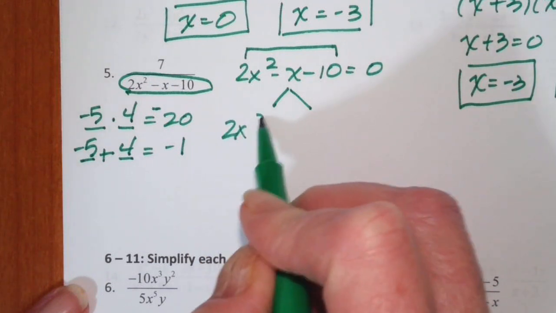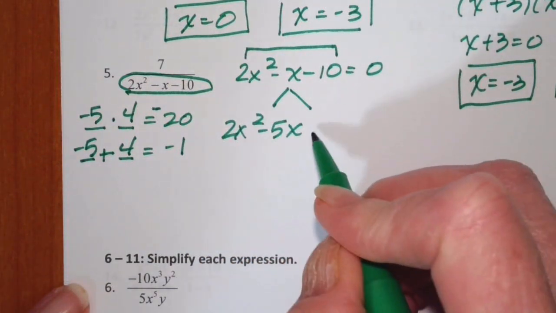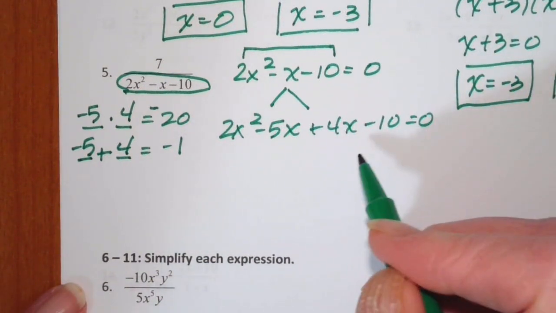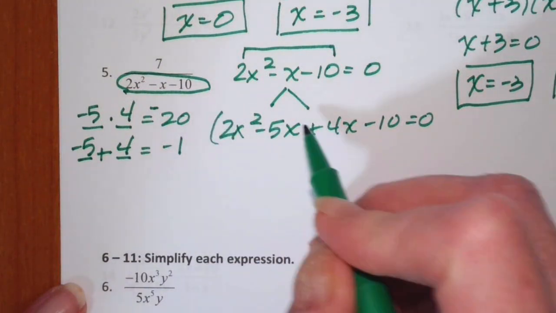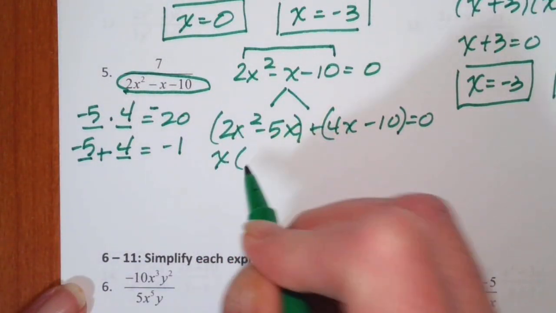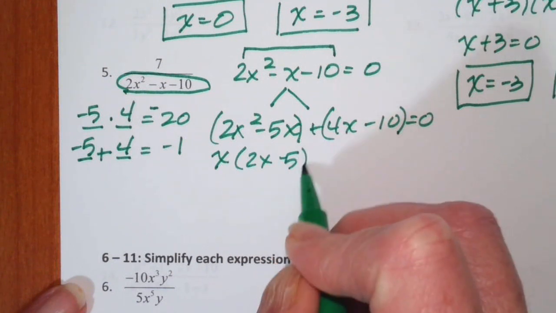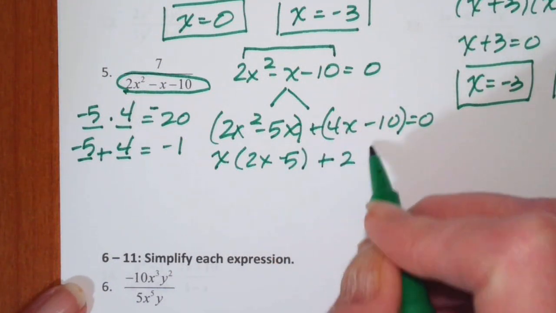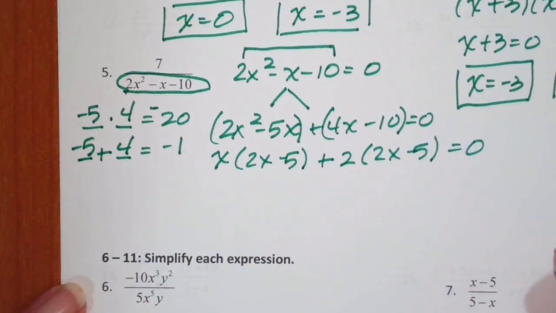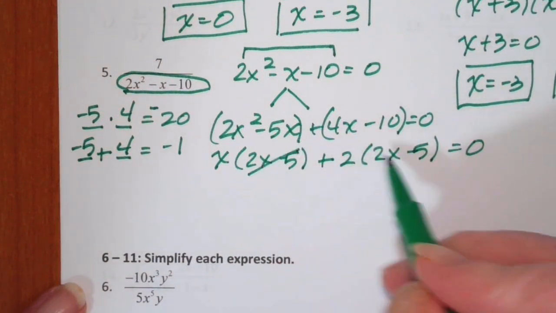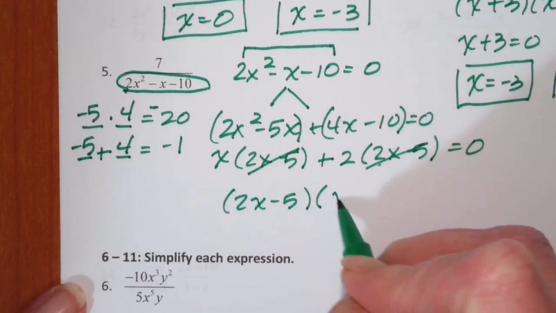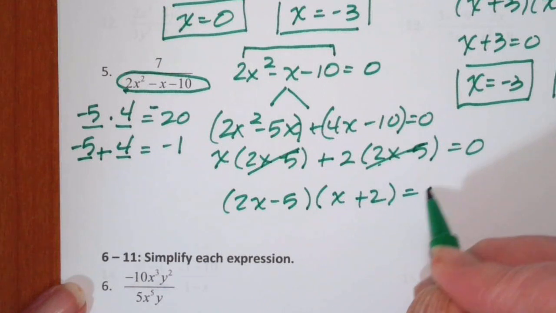So this becomes 2x squared minus 5x plus 4x minus 10 is equal to 0. So now I can group it. I've done my split, so now I'm going to group. The greatest common factor here is x, and I'm left with 2x minus 5. Greatest common factor here is 2, and I'm left with 2x minus 5 equals 0. I now have a common binomial factor of 2x minus 5, and I'm left with x plus 2 equals 0.